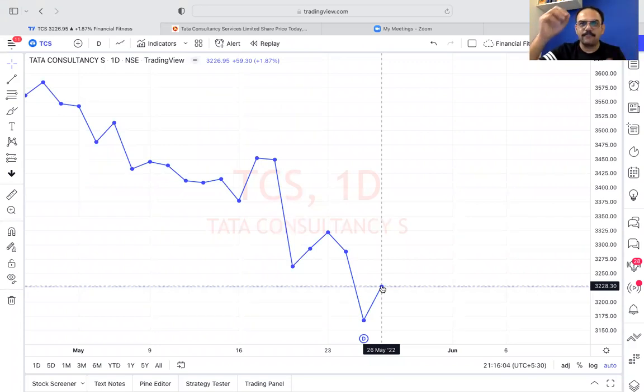So TradingView will pick up the closing price, plot it against that date and make a circle there. So far so good. Everyone clear how this dot got plotted here?